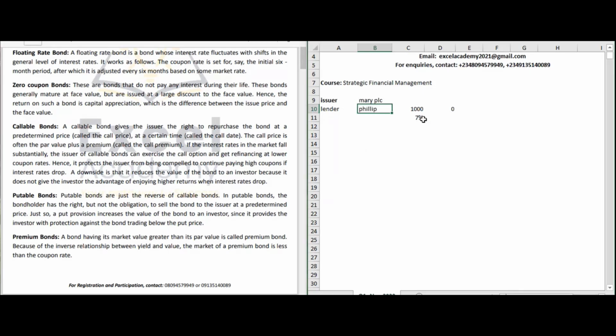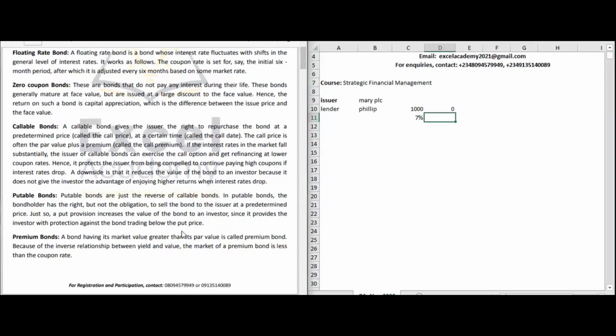He already entered into this agreement with Mary PLC at an interest rate of 7%. Now the interest rate starts increasing to maybe 10%. Remember, he will be receiving 7% for over 5 years. But if it is a puttable bond, once interest rates are maybe 10%, and Mary PLC is only giving him 7%, he will exercise that right. He will sell it back to the issuer, so he can benefit from the new interest rate that is prevailing in the market.